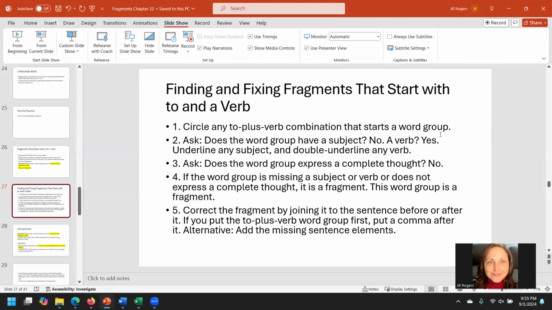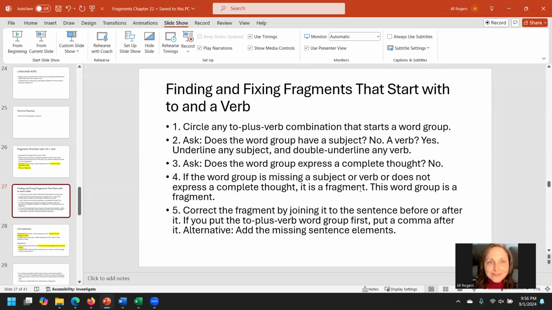It starts with a word group, and ask yourself, does the word group have a subject? If it's not, that just shows you, okay, this probably is a fragment. Does it have a verb? Yes. Underline any subject and double underline any verb. So just do whatever way you want. But then ask yourself, does the word group express a complete thought? No, then it's a fragment, right?